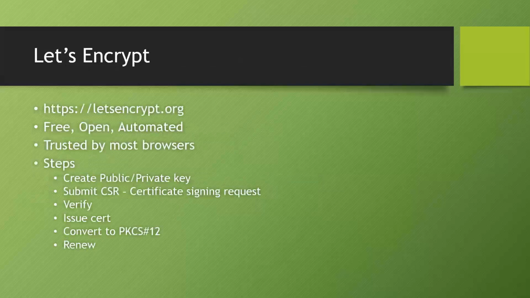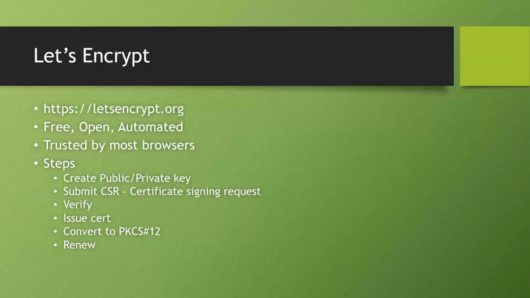All right, so let's talk about Let's Encrypt. Let's Encrypt is an organization. It's free, it's open, and the best part is that it's automated. Once you create a script or a program that can create certificates, then there's usually no human involvement. And that's the best part.